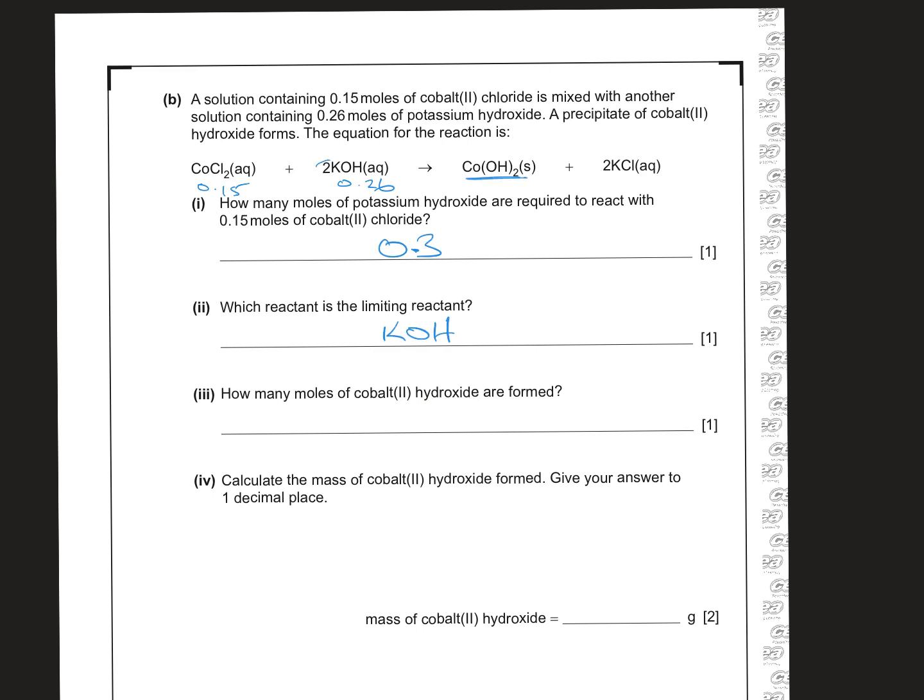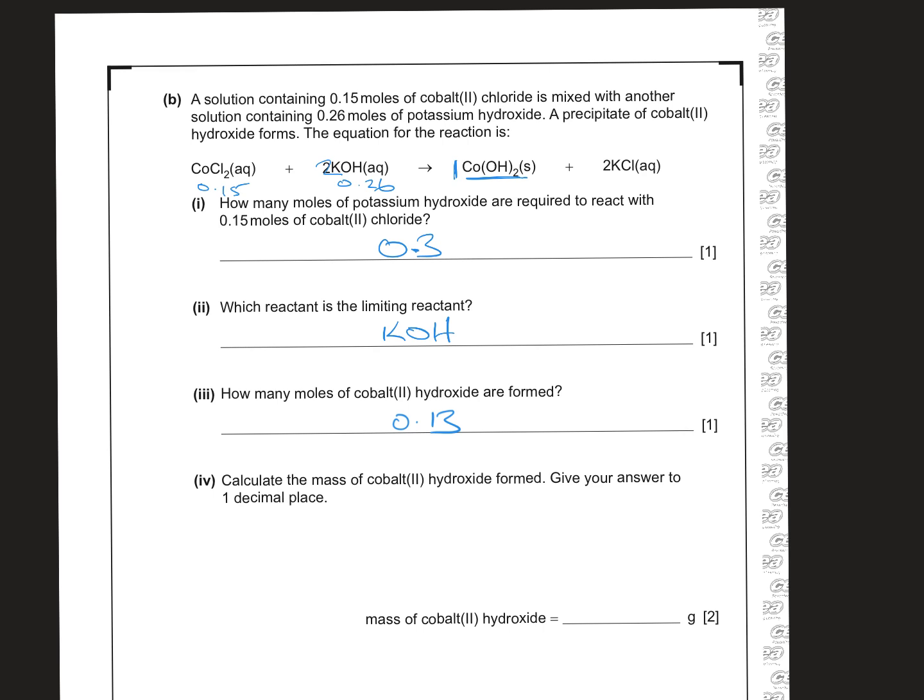Now you can see this is a 2 to 1 ratio. So if there are 0.26 moles of this, then it's going to form, in theory, half the number of moles here, which is 0.13.